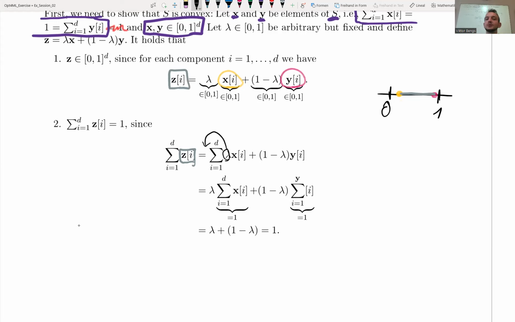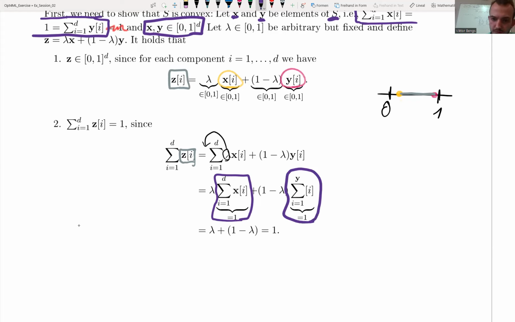We can also decompose the entire sum into two separate sums. And then the 1 minus lambda is the same, does not depend on the index which we use for summation, and can also be written in front. Now we take into account that the x is coming from S, so its components are summing up to 1.